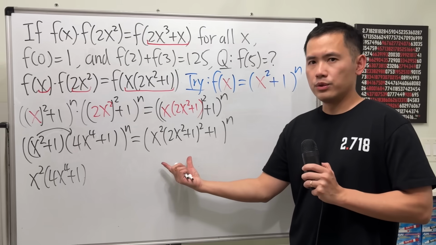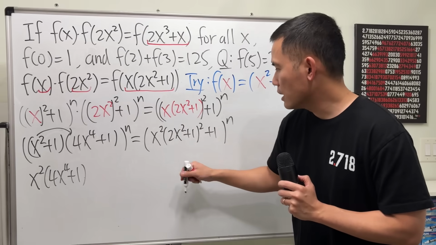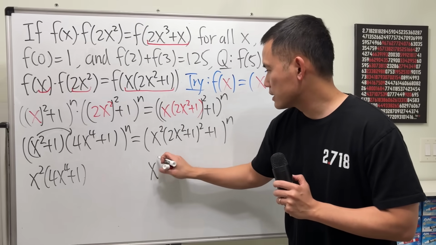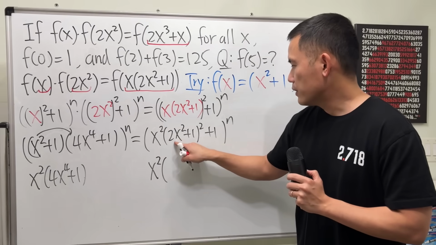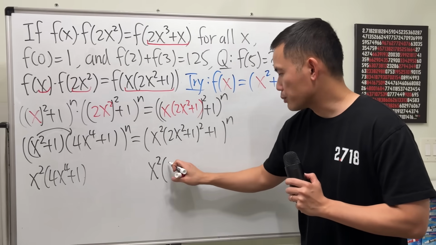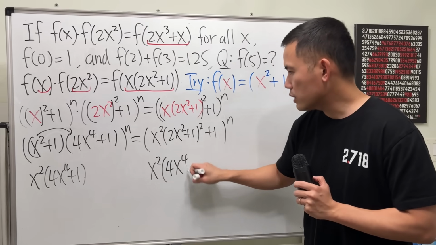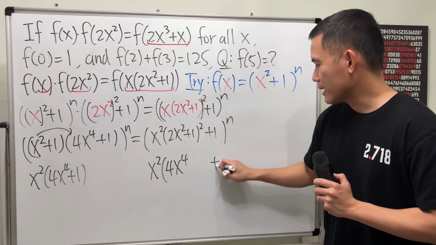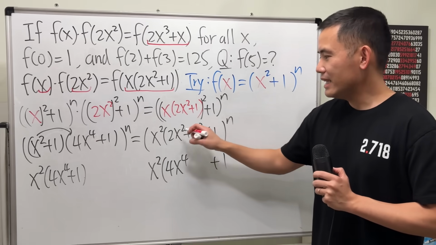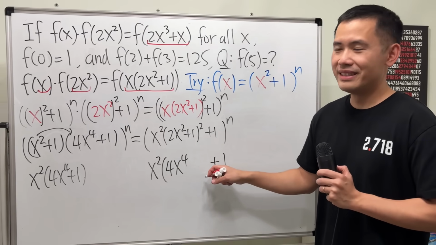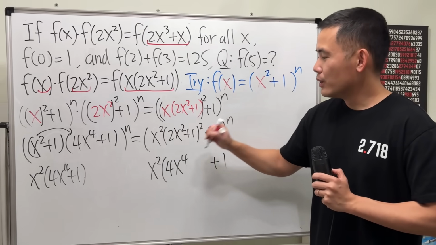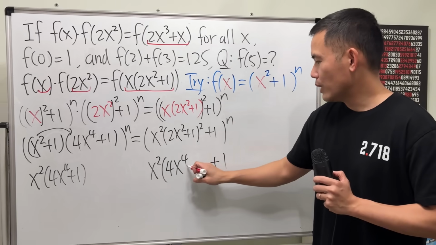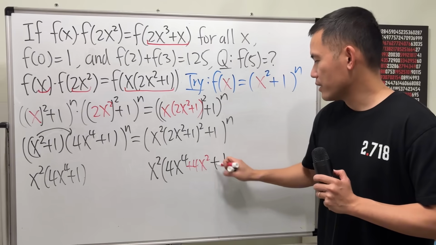That is kind of similar to this, because if you expand this, you have x squared, and the first term of this expansion is precisely 4x to the 4th power. Good. And the last term right here is the plus 1. Good. But in the middle here, what do we have? In the middle here, we have 2 times this and that, so we will have the plus 4x squared.